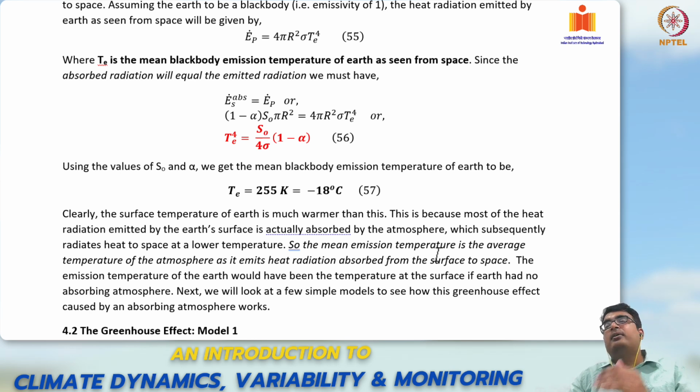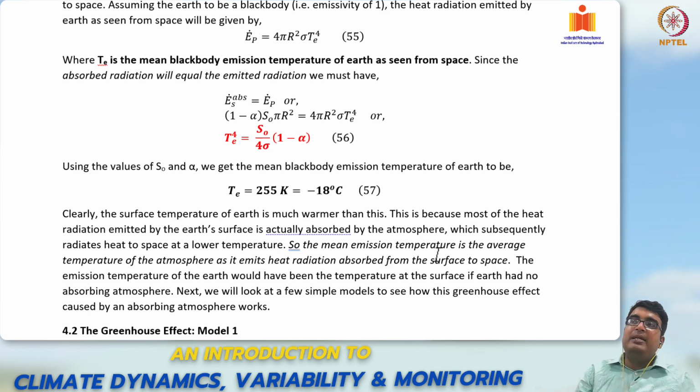This is why Earth's surface can be much warmer than the mean emission temperature, and Moon, which does not have an atmosphere, will have the surface temperature exactly the same as the mean black body emission temperature. So that gives us a very good idea of what is going on when we say that atmosphere has a greenhouse effect.